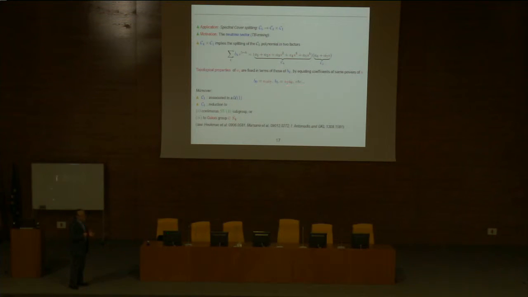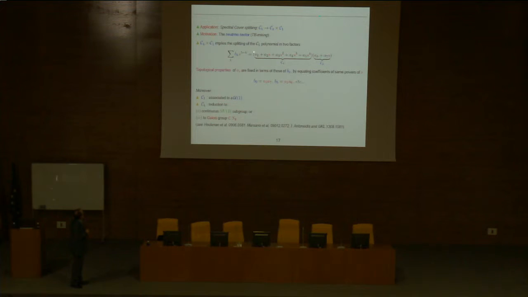And it was shown by many papers in previous decades that symmetries like S4 or A4, these non-abelian discrete symmetries, describe very well the mixing effects in the neutrino sector. So because of this, we choose to split the spectral cover to C4 times C1.